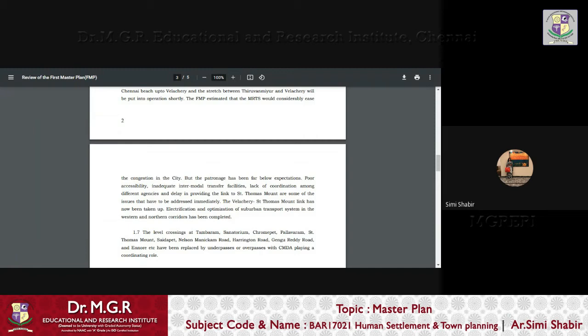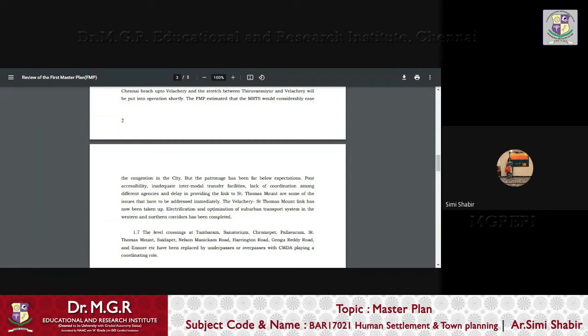Poor accessibility, inadequate intermodal transfer facilities, not achieving the last mile, lack of coordination among different agencies, and delay in providing the link to St. Thomas Mount were some of the issues that had to be addressed.